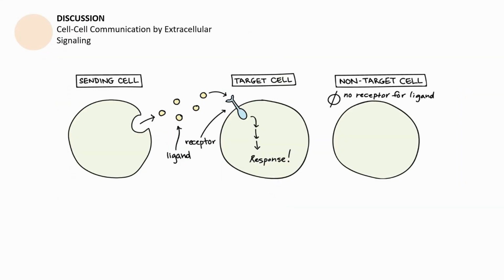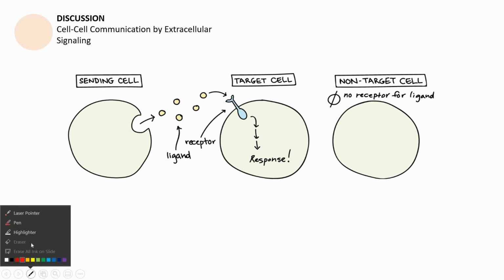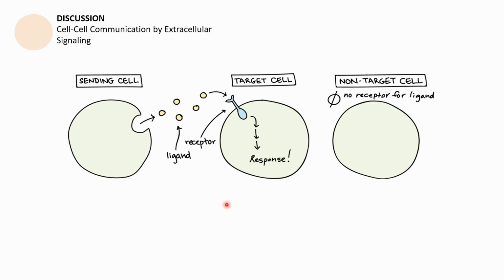Okay, so let us first talk about cell-cell communication by extracellular signaling. As you can see in this illustration, meron tayo dyang different phases for the cell. So, yung sending cell is going to be this. A cell can be a sending cell. Ibig sabihin nun siya yung panggagalingan ng mismong signal called a ligand. And then the ligand can bind to a target cell if it fits the receptor, which in this case is this one right here.